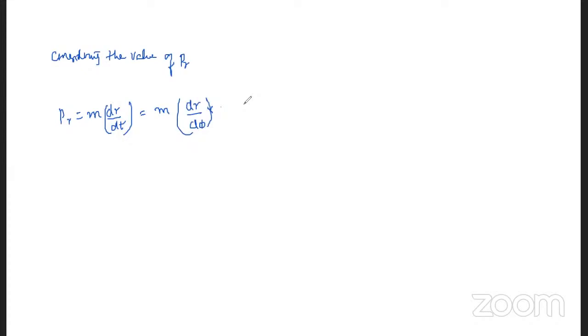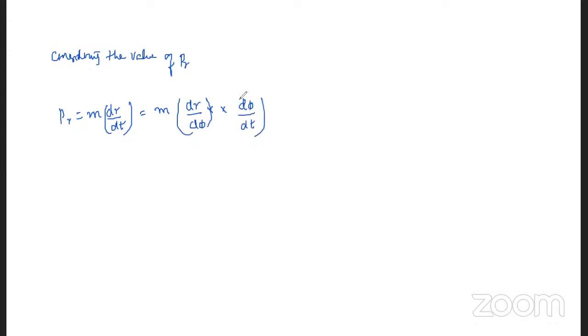Considering the value of PR, PR is equal to m into dr by dt. Now I'll write this as m into dr by d phi into d phi by dt.